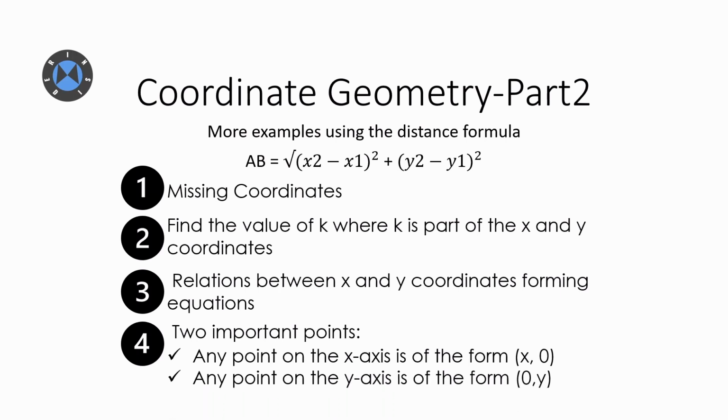Any point on the y-axis will take the form (0, y), which implies that all the points on the y-axis have their x coordinate 0. With all this, let's start with our examples and concepts.